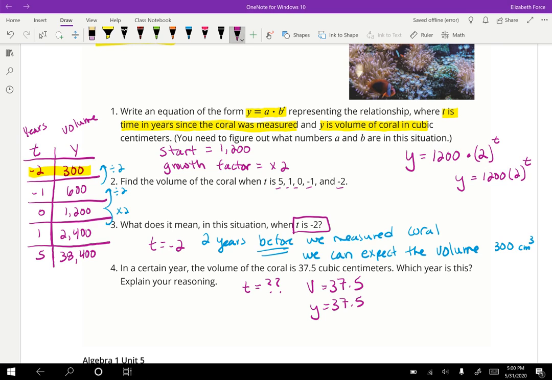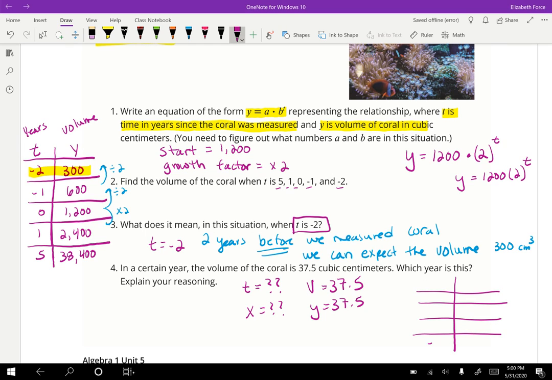I can even put an x there if you want. When do we expect this to happen? Well, if I go to my table and I start to reason it out, we're going to have to keep going back in our table, right? At negative 2, we're at 300. So let's keep our table going.